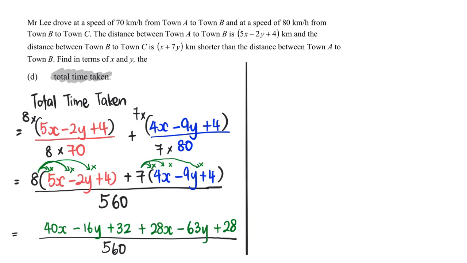So this one will be equal to, again, the whole thing is over 560. Simplify the like terms. 40x plus 28x, that will give me 68x.